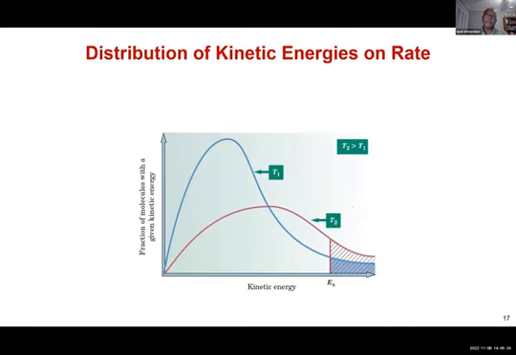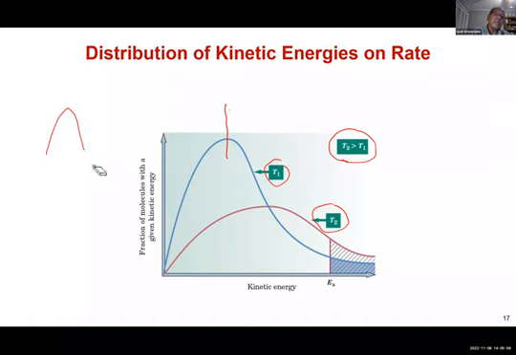There's a diagram here. T1 is lower temperature. T2 is higher temperature. That's given here. As the temperature increases, if you start with low temperature, the kinetic energy distributes over larger kinetic energy at higher temperature.